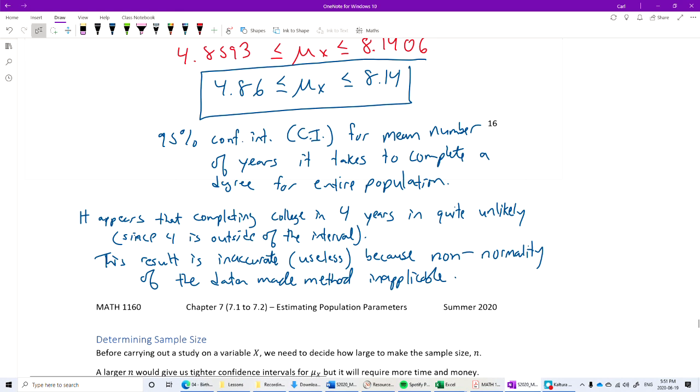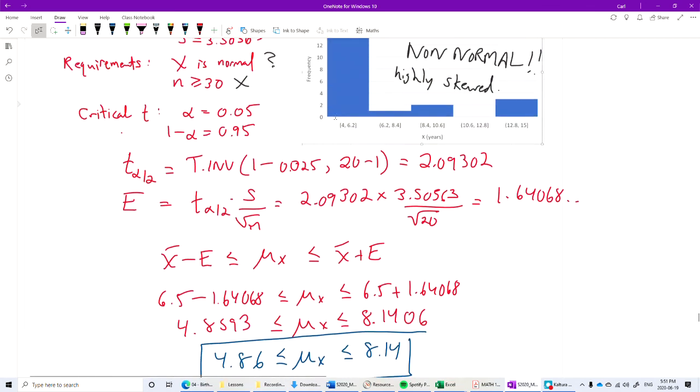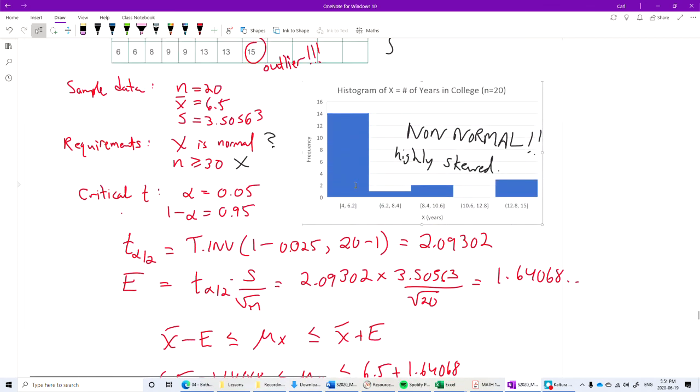It wasn't an appropriate method to use, and so we got a nonsense result, which says that 4 years, 4.5 years shouldn't happen very often. That's not the average. But we can see that the mean is probably very close to 4.